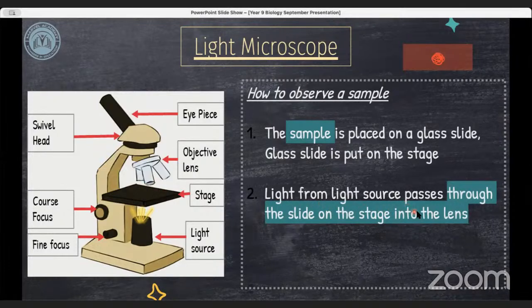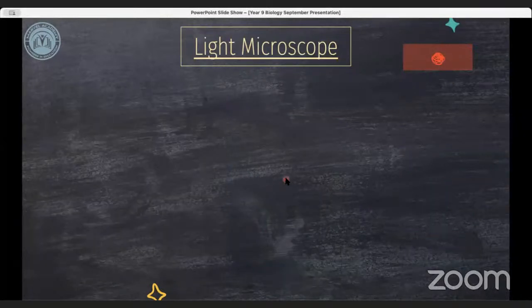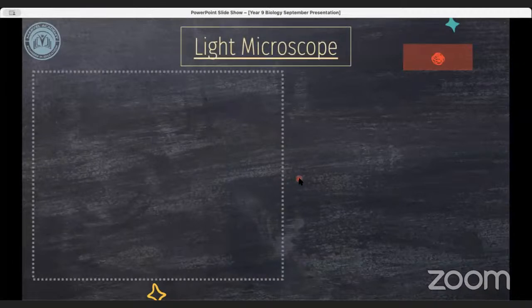Light from the light source passes through the slide on the stage into the lens. There is an opening here, and the light goes to the lens, and then from the lens to the eye. That's how we see. So the observer will be able to see a magnified image of the sample we have placed here, right?